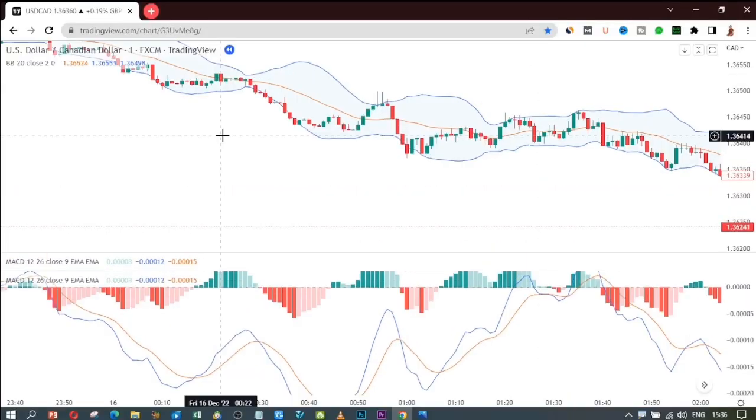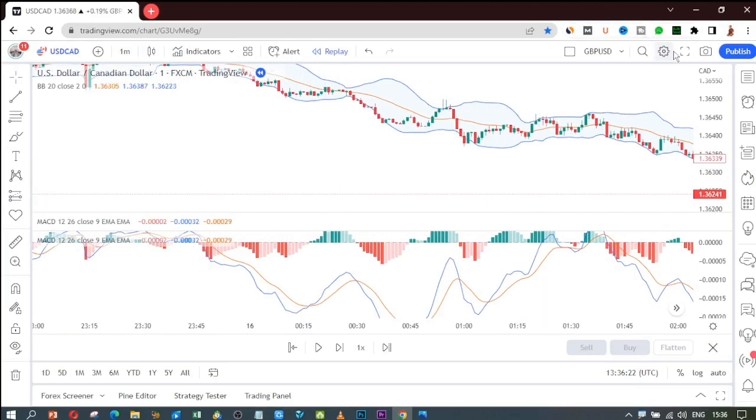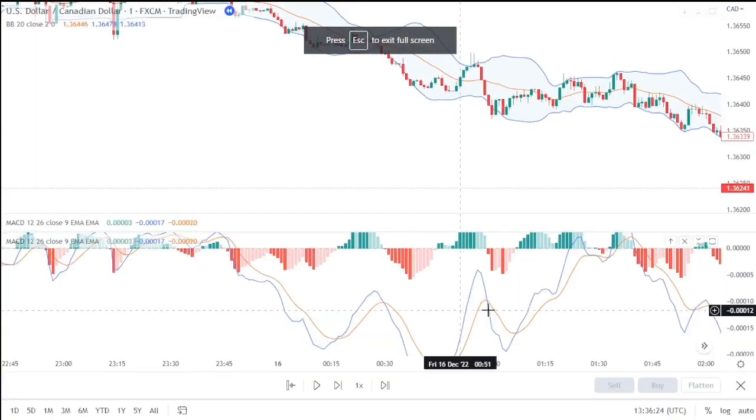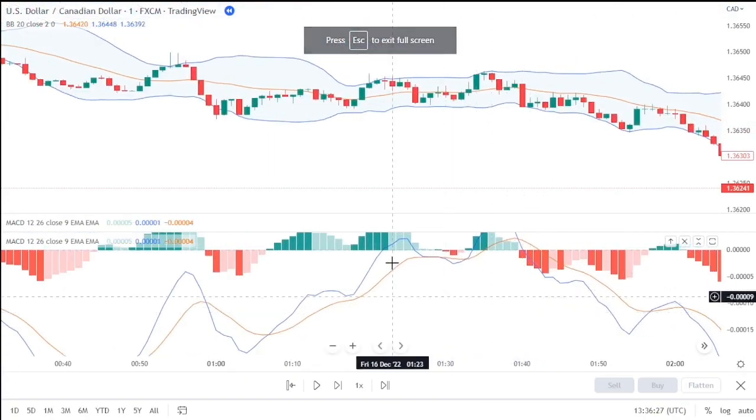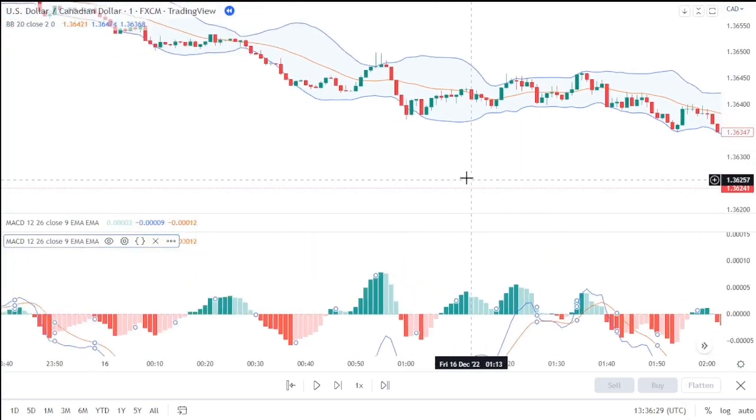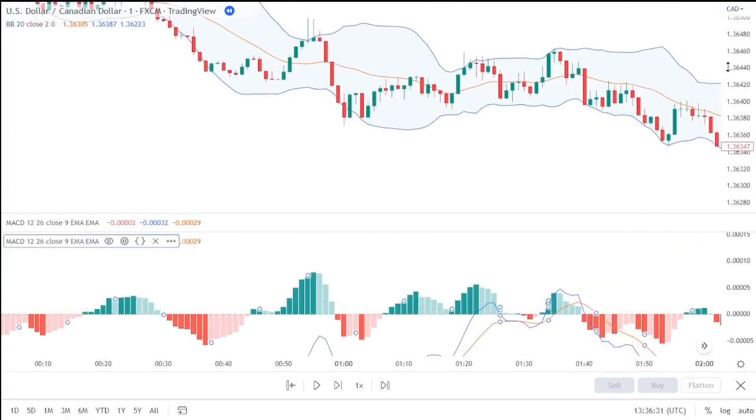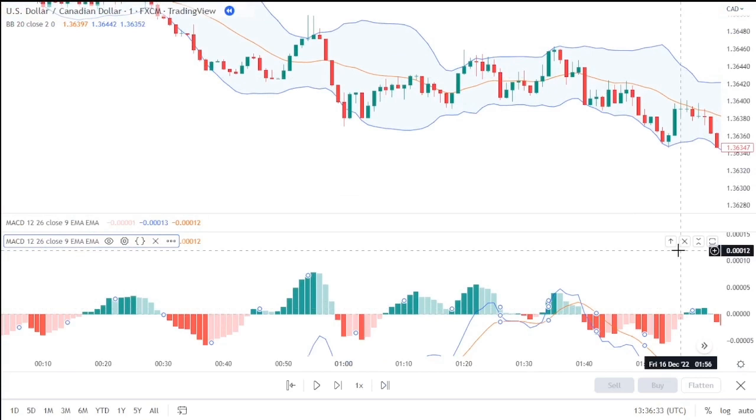But using the MACD just like that is sometimes not very effective, because the MACD on its own cannot make you profits, so you need to combine it with other indicators. So in this strategy, we are going to combine the MACD and the Bollinger Bands, right?